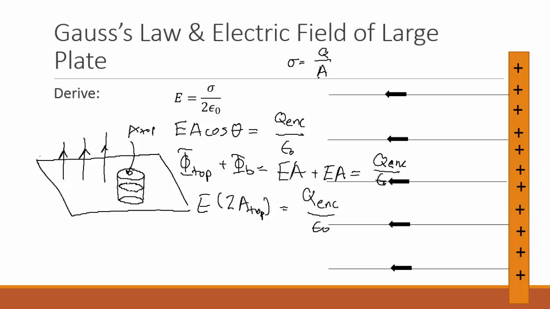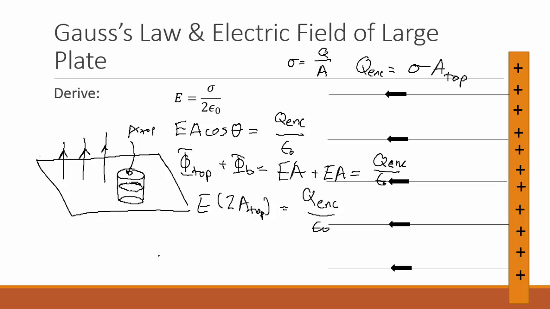So in this case, the enclosed charge is equal to sigma times the enclosed area, which is the same as the area on the top. This part of the cylinder is the same area as the amount of area that's contained in the metal sheet.